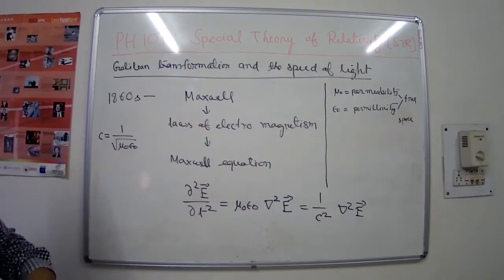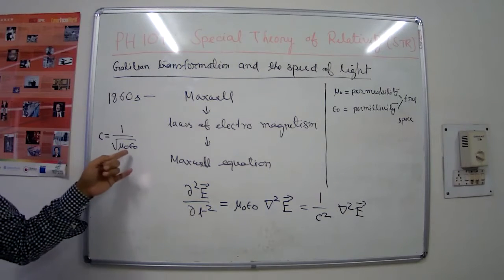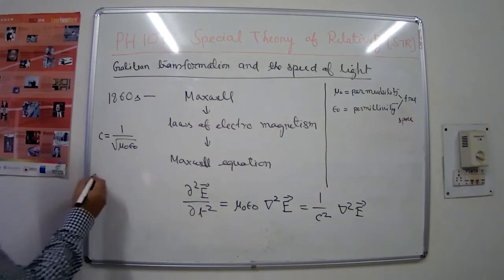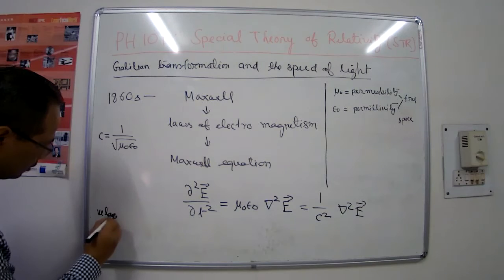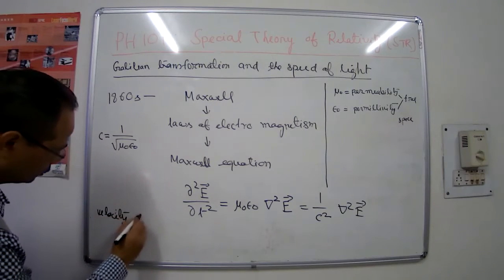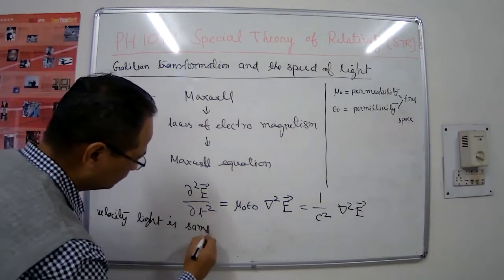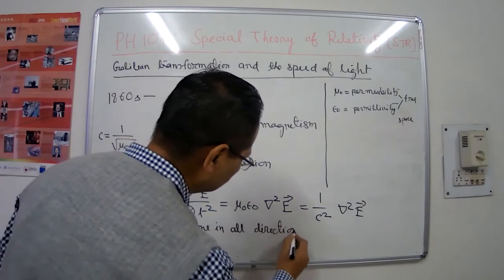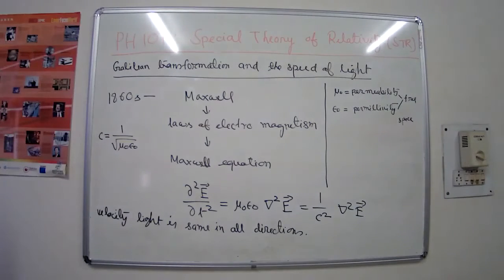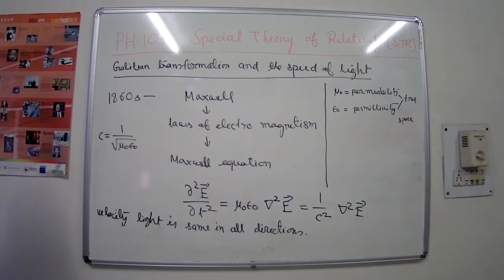So if the light is traveling upward, downward, left, right, whatever the direction, the velocity should remain constant because it depends on the property of the medium. So according to Maxwell's equations, the velocity of light is the same in all directions.